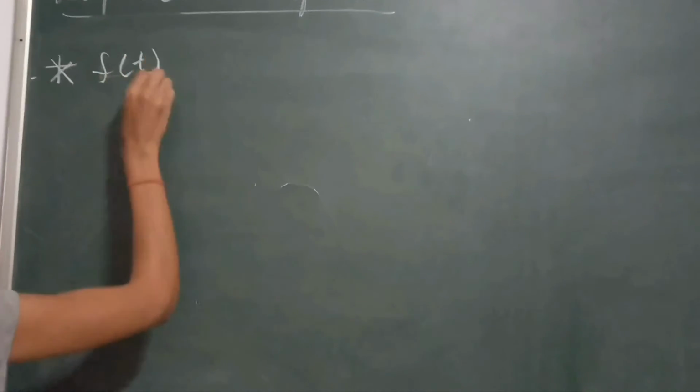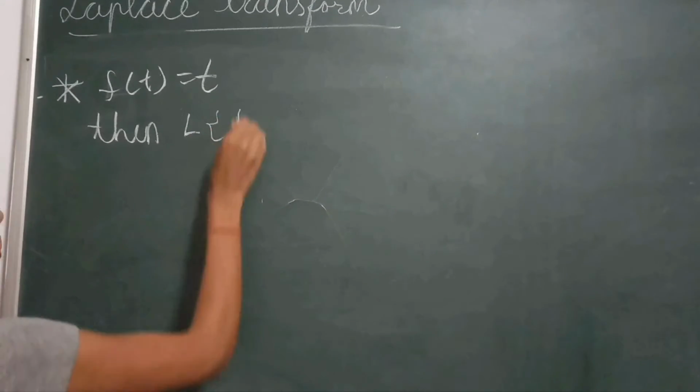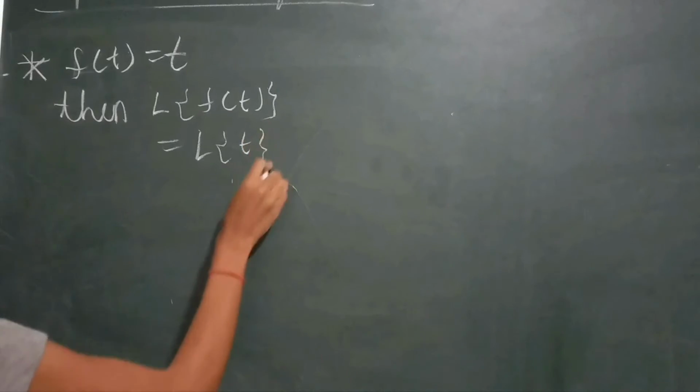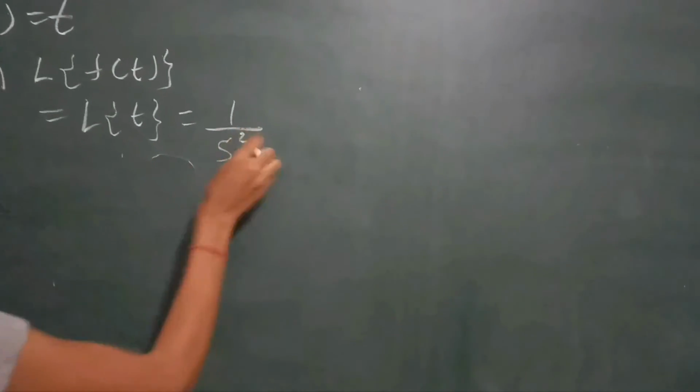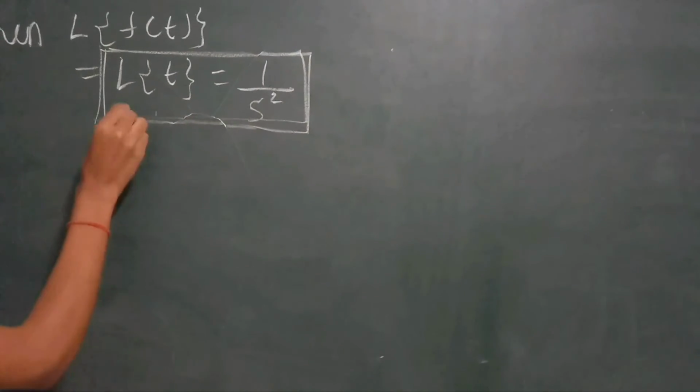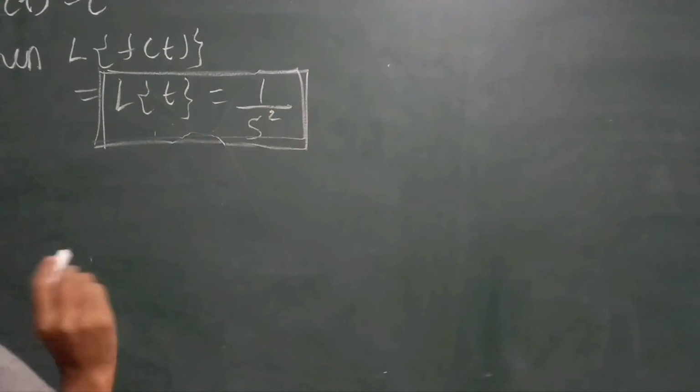Now f of t is t, then L of t is equal to 1 upon s square.